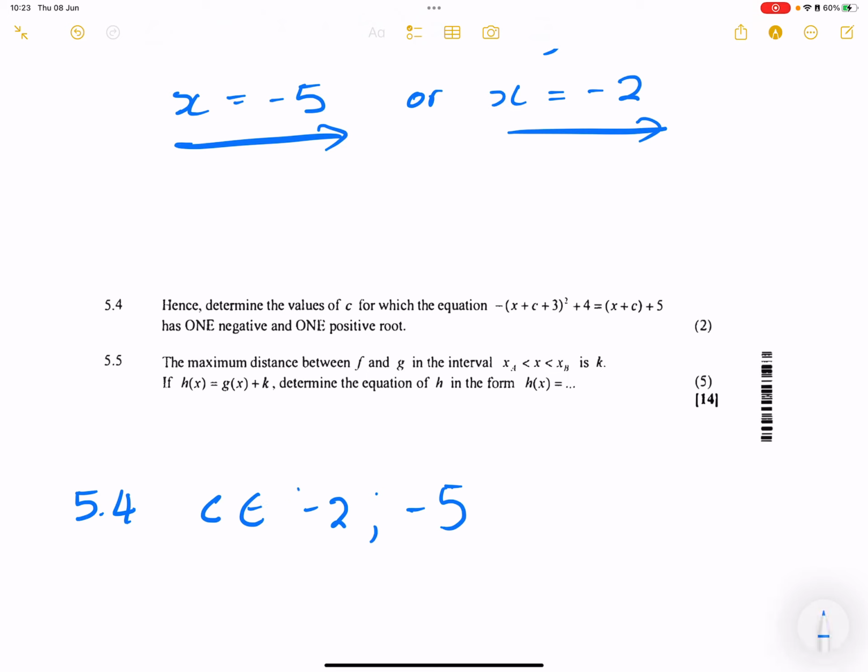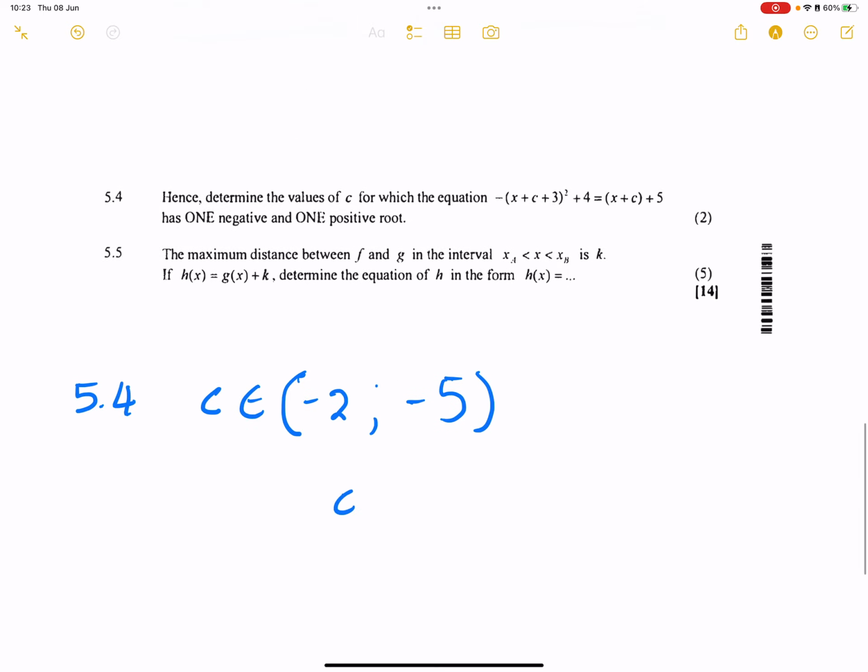Actually, I shouldn't include those values because it wouldn't be positive. It would be 0 at that point, right? So it must be between 0 and 5. Or you can say C must be greater than negative 2 and less than negative 5. Okay, right, I hope that makes sense, ladies and gents.